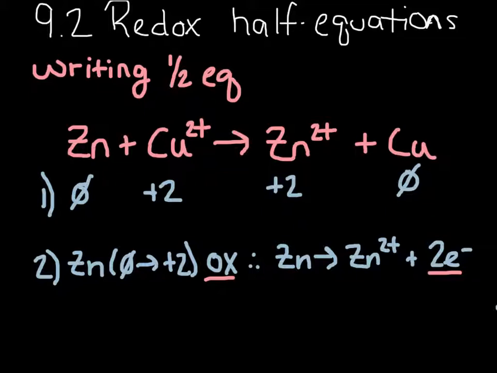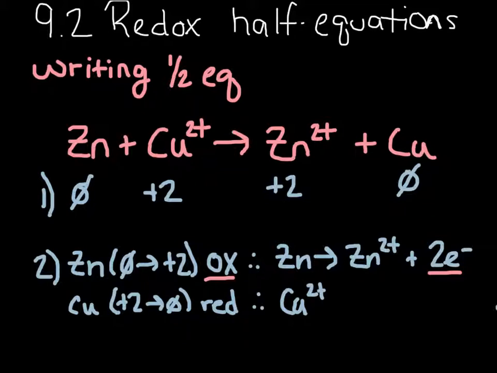As for copper, copper goes from a plus 2 to a 0 oxidation value. That means it's gaining electrons, so it is being reduced. Therefore, its half equation is copper 2 plus, because that is what is in the reactants of the original equation.